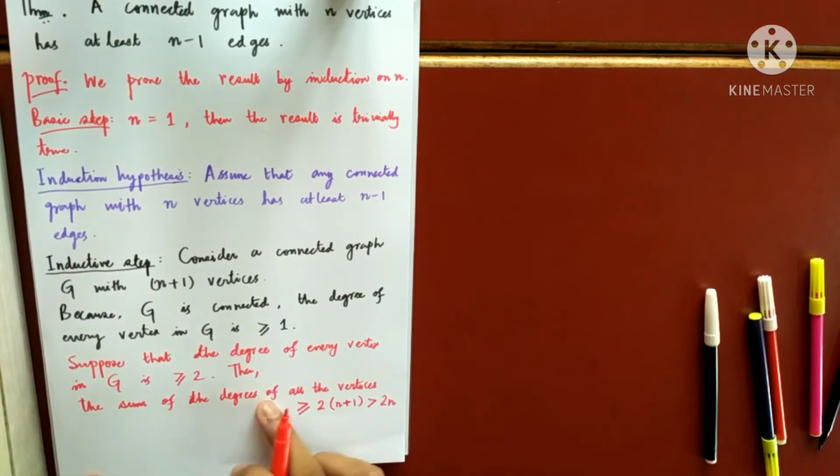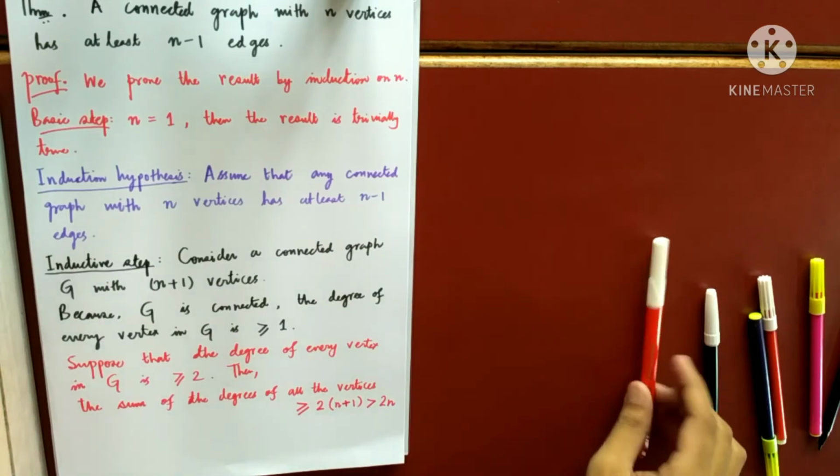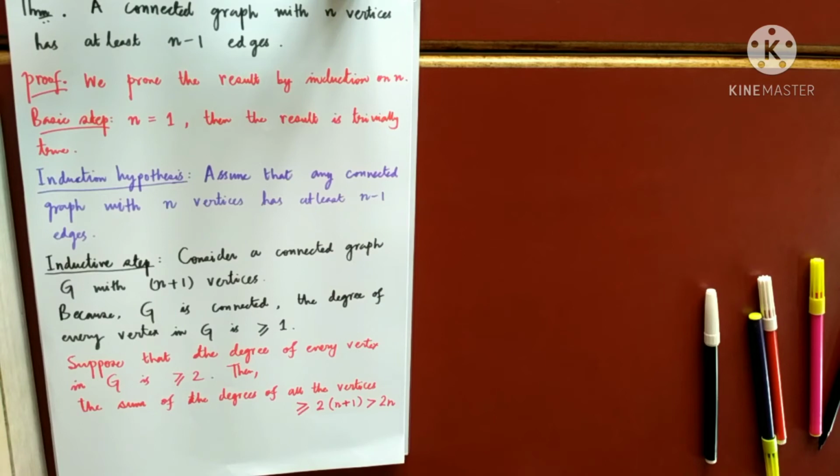And what is the sum of the degrees of all the vertices? Can you tell me what is the sum of degrees of all the vertices in a graph? This was the first property of graphs that we did. What will I get if I sum up all the degrees of the vertices? Very good.